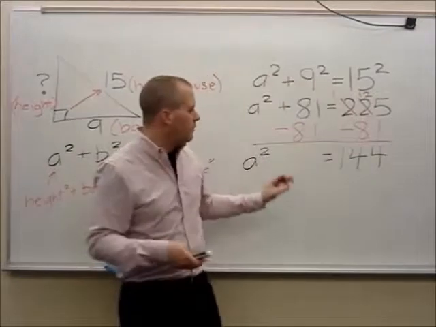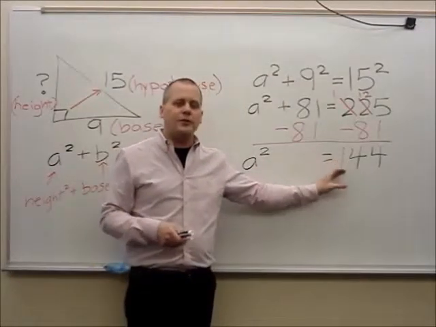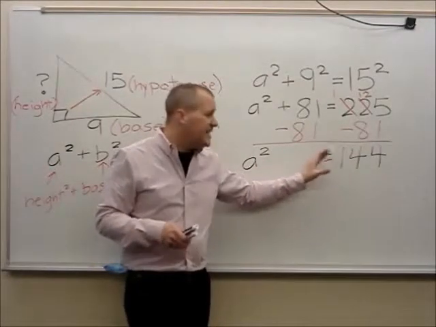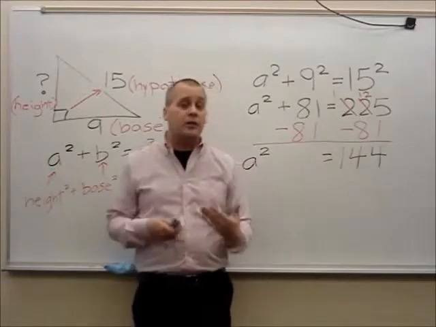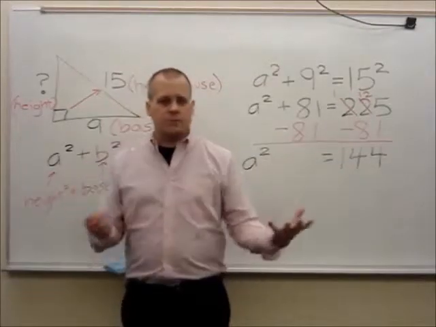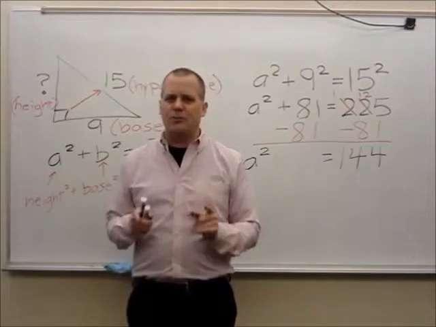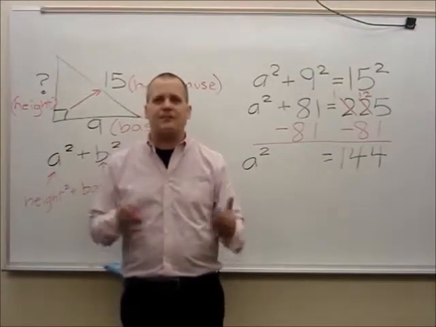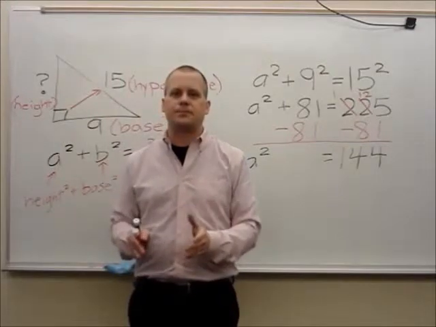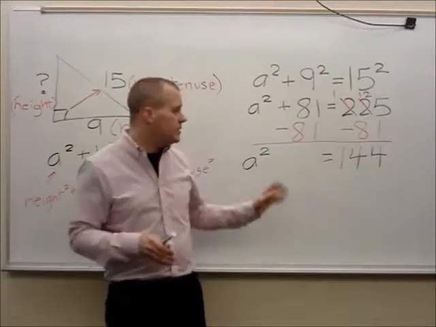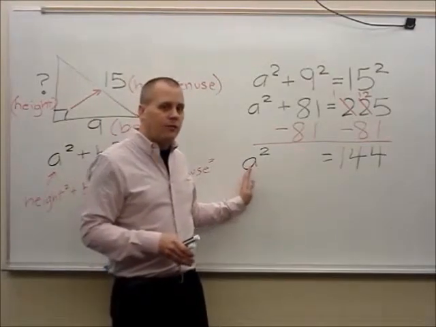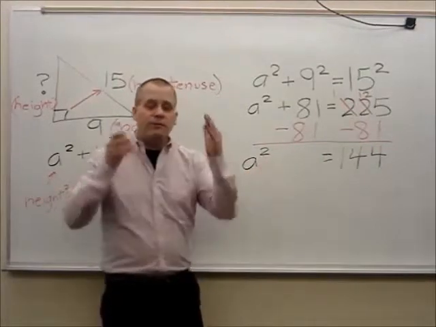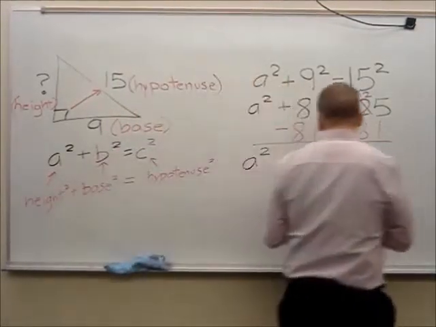So now, I'm left with this. I'm thinking to myself, A squared is equal to 144. I need to take the square root of 144. So, therefore, what two numbers can I multiply to make 144, but they have to be the same number? The two numbers, 12 times 12. 12 times 12 is 144.